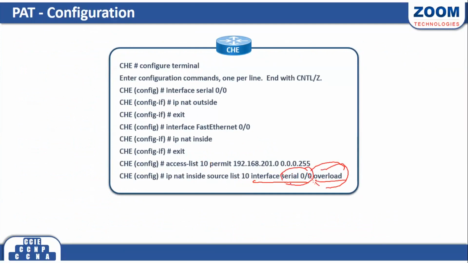Then many users' traffic can be forwarded. If you don't define the overload command, then the serial interface can forward only one private address to one public IP, similar to a static NAT. Once you define overload, then many users' traffic can be forwarded. So here 10 is the ACL number that we have defined. Got it? Yes.